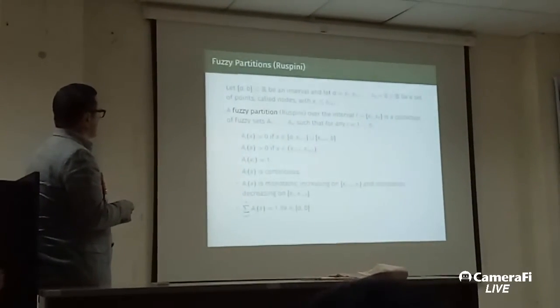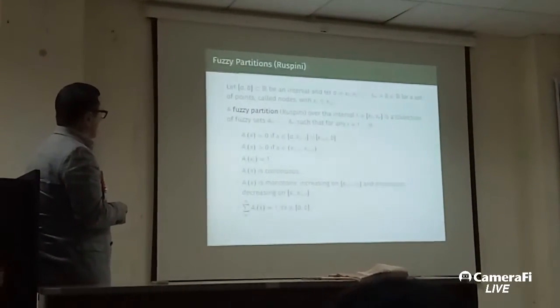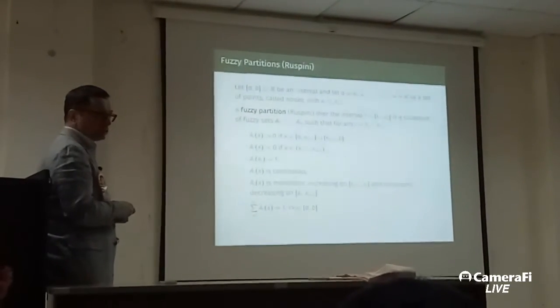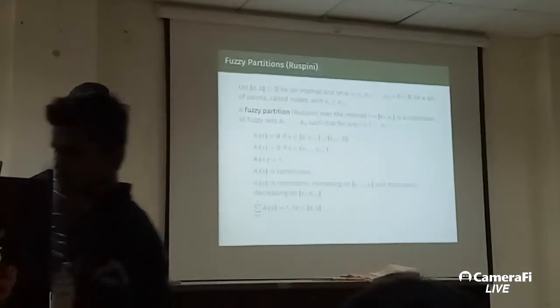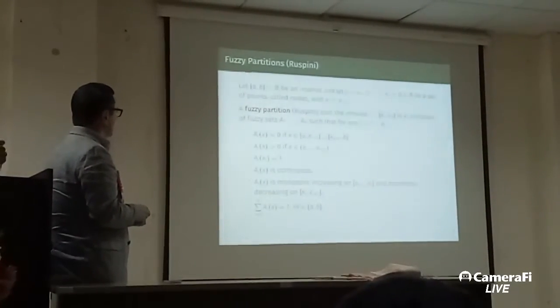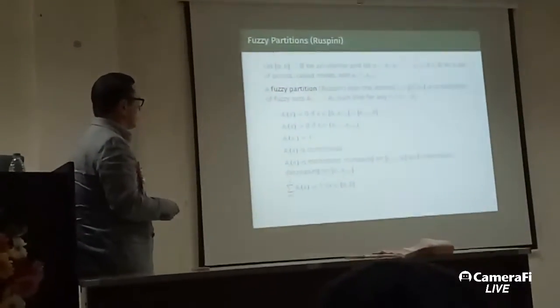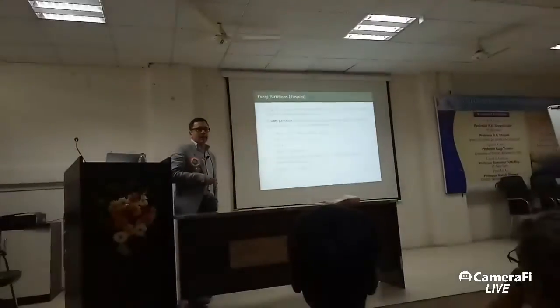The most important are that Ai(xi) is equal to 1, they are continuous and monotonic, but the most important thing is that they sum up to 1 at any point. This is what we call a Ruspini fuzzy partition.